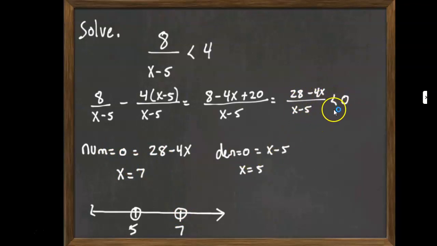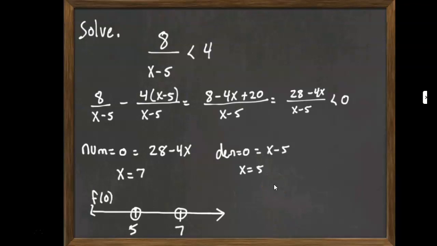Even if this was less than or equal to, we would not have included the 5 because the 5 makes it undefined. Then we just need to test a value in each region: something smaller than 5, something between 5 and 7, something bigger than 7.